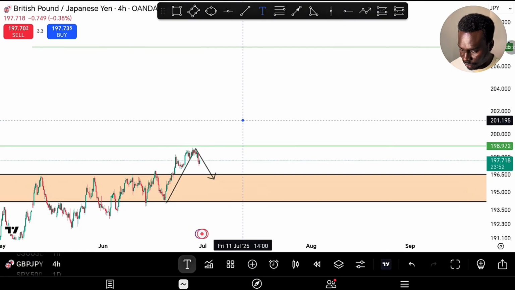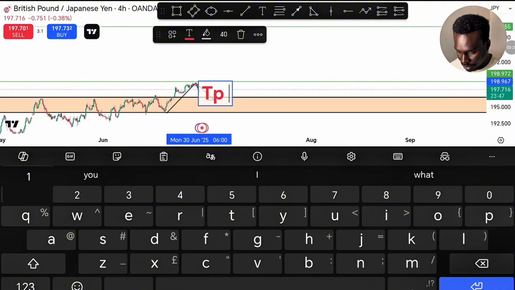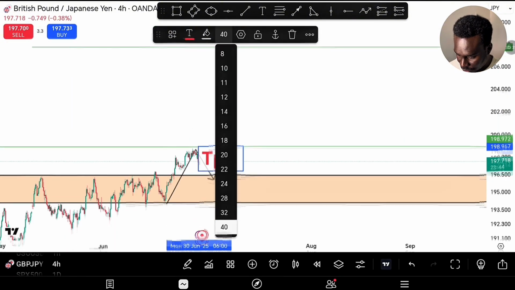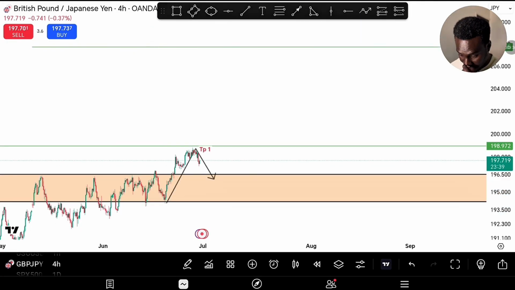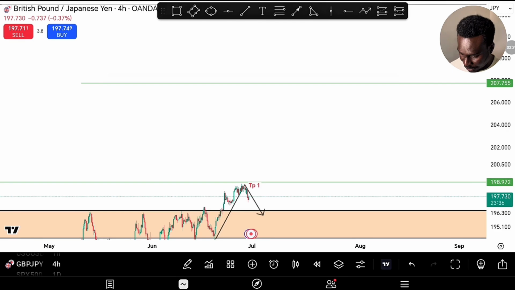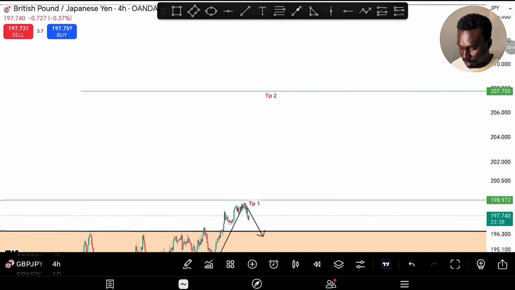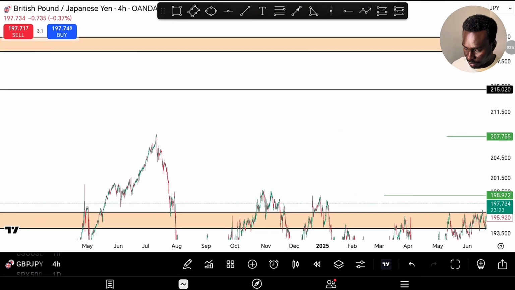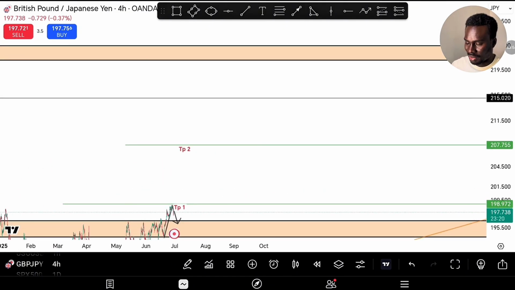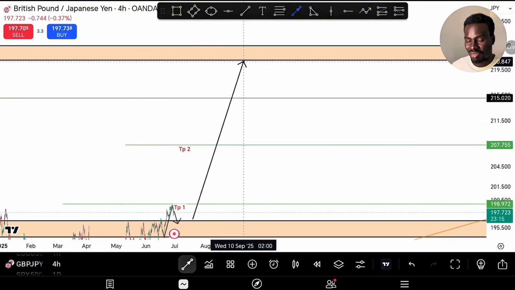So this is going to be my TP1, and then this is going to be my TP2. As easy as that. Then my overall TP is just going to be all the way to the next monthly zone. That's just how I take my GBP JPY trade.